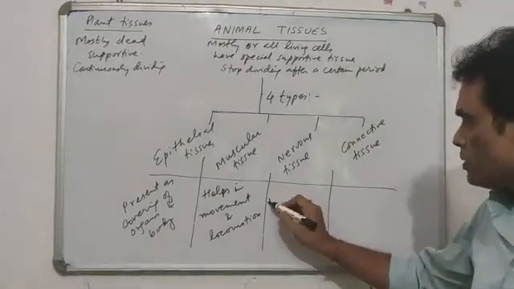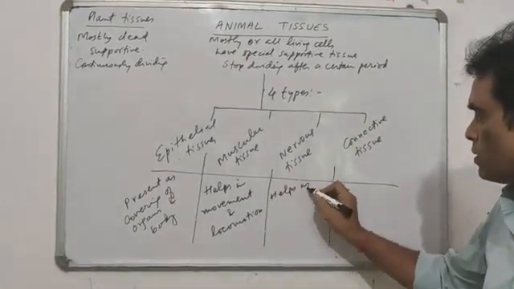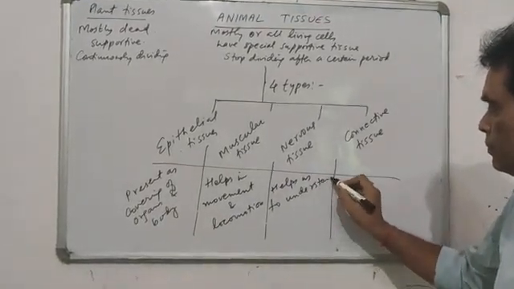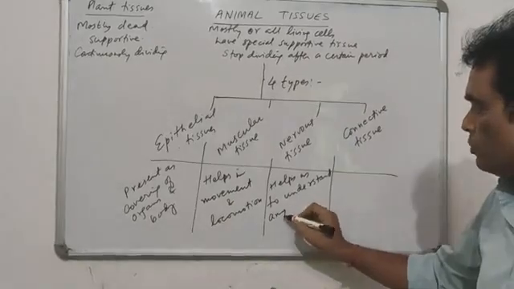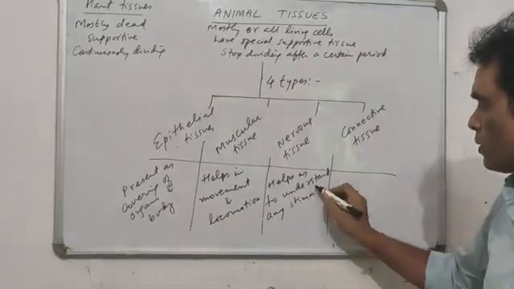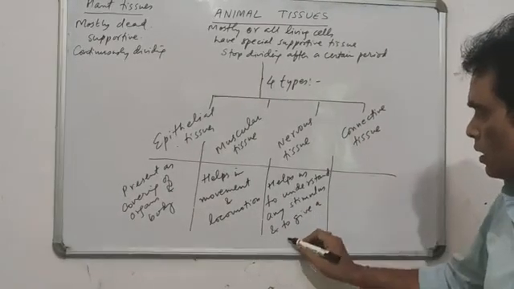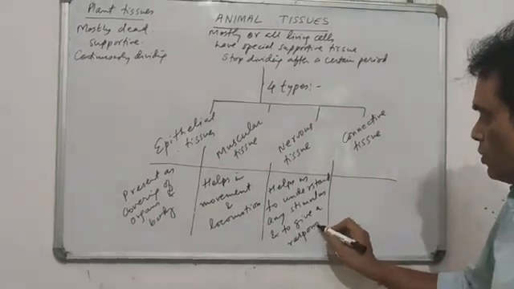Nervous tissue helps us to understand any stimulus and to give a response towards the stimulus.